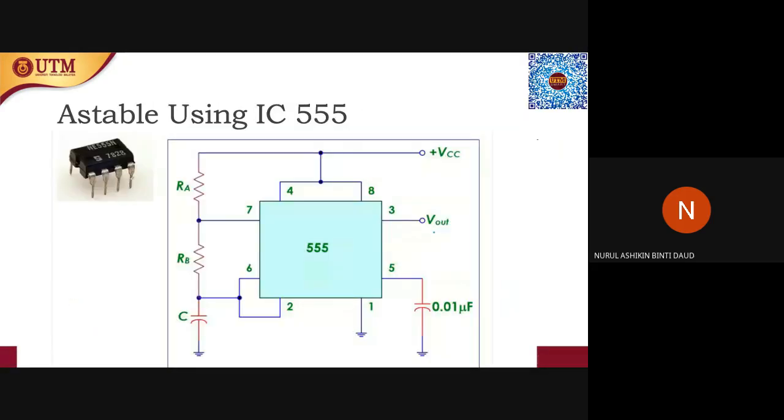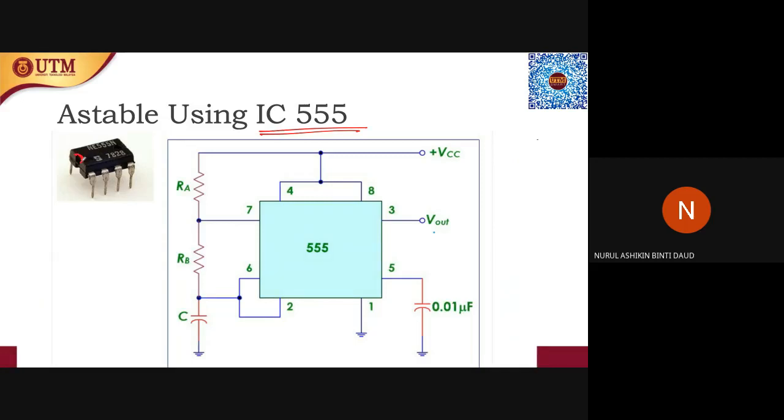Okay, so this is the astable using the IC 555 timer. This is an example of the device. It has 8 pins. To differentiate each pin, you look at this part.